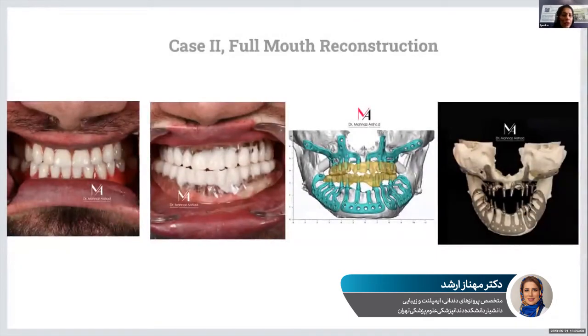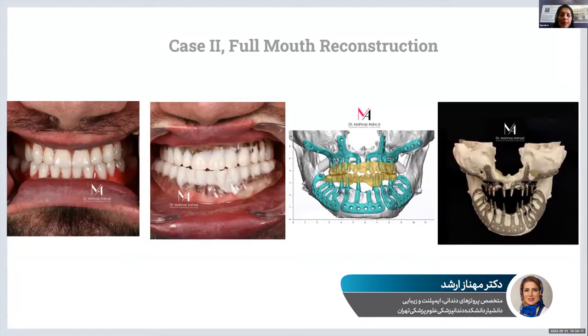So we made the surgical stent, took the 3D CT, and designed the structure, the subperiosteal implants upon the surgical stent, and they were printed.